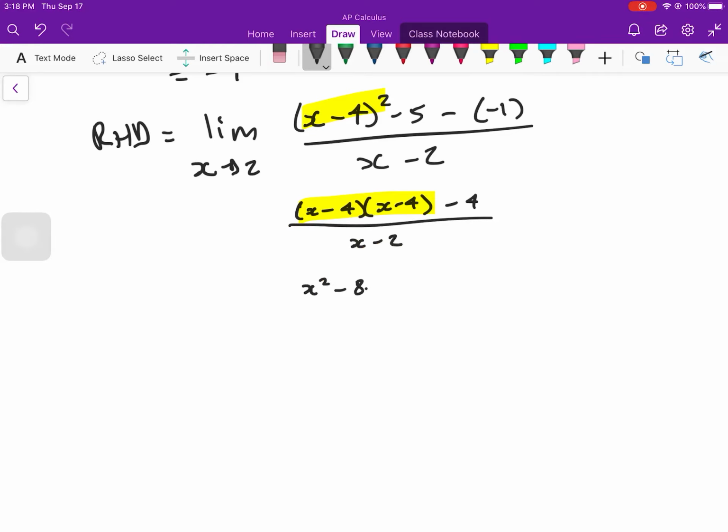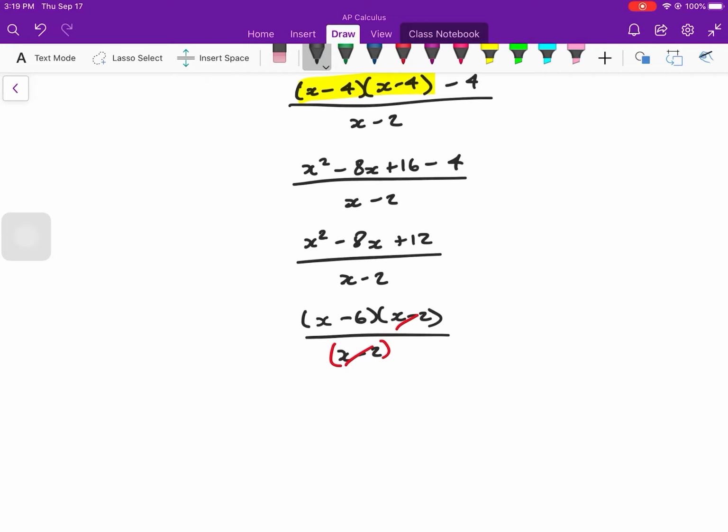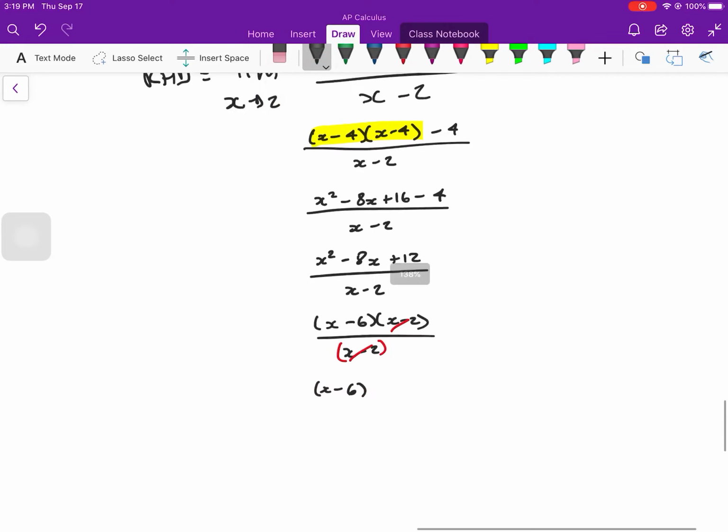And then foiling that out, we get x squared minus 8x plus 16 minus 4. So that's x squared minus 8x plus 12 over x minus 2, which then is x minus 6 times x minus 2.